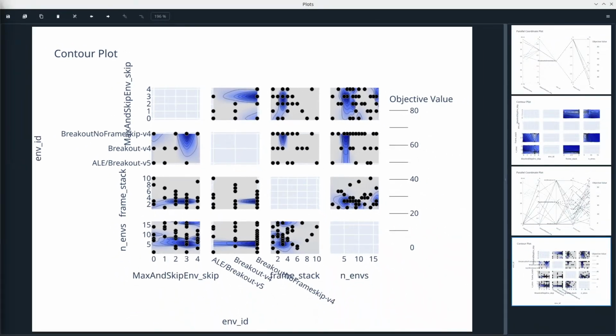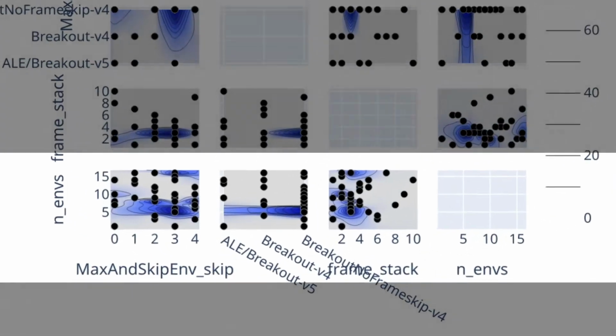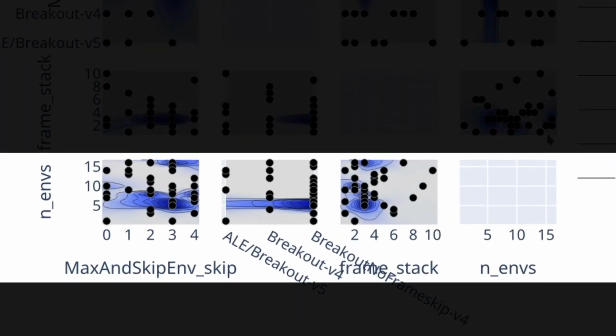We also see that the sweet spot for the number of environments is not necessarily a high number of environments. Intuitively, I would have expected the more the merrier, more environments, meaning, well, more precise training. It would, of course, come at a cost of performance, but we're not looking at performance here.